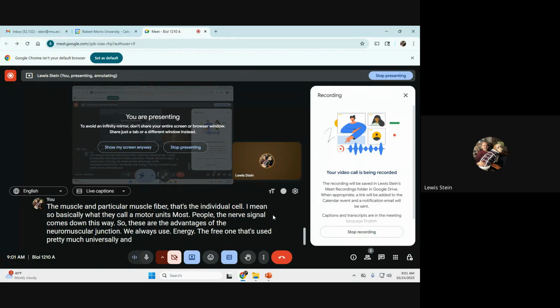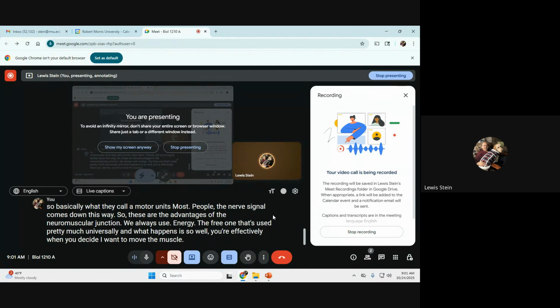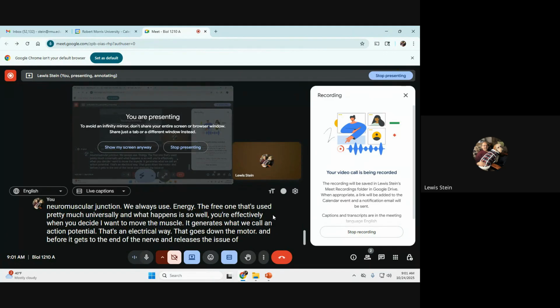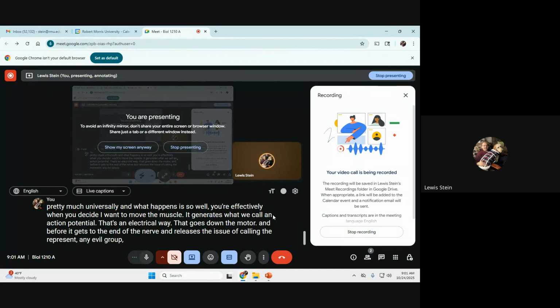And what happens is, when you decide I want to move a muscle, it generates what we call an action potential. That's an electrical wave that goes down the motor nerve. And before it gets to the end of the nerve and releases the acetylcholine, which is representing these little blue things over there, it basically activates a voltage-gated channel that allows calcium from the outside of the nerve to enter the nerve.